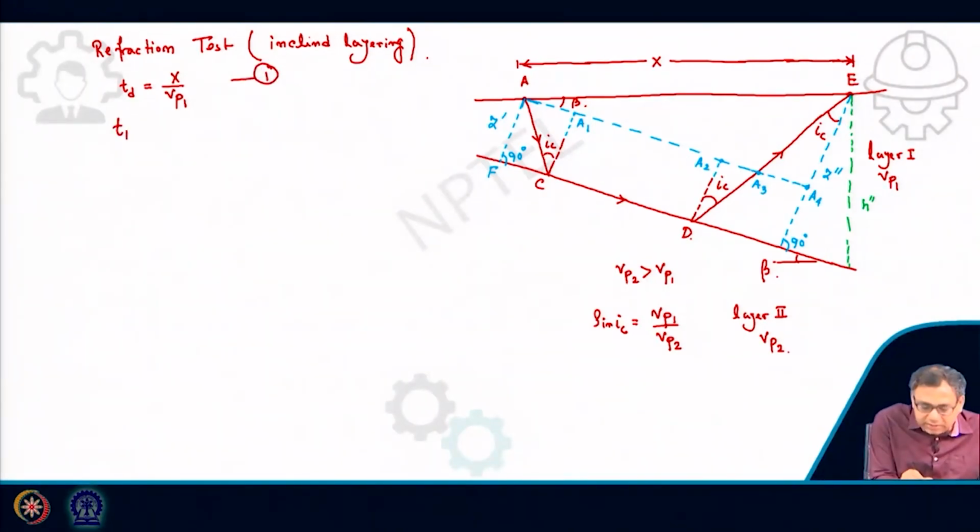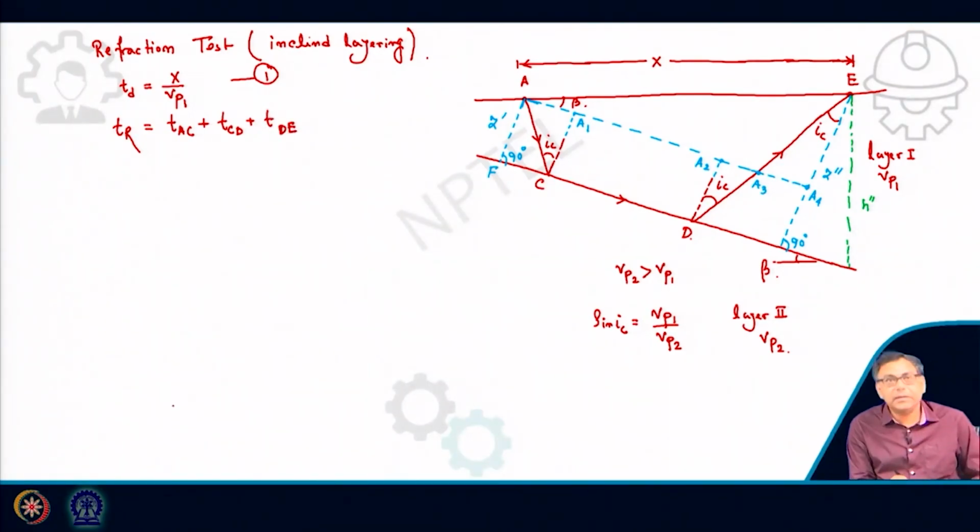Now Tr, the reflected ray, will follow TAC plus TCD plus TDE. It will follow this path.